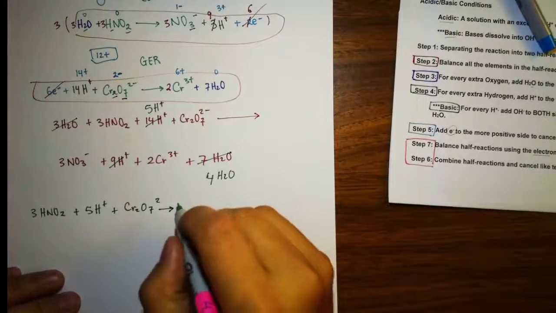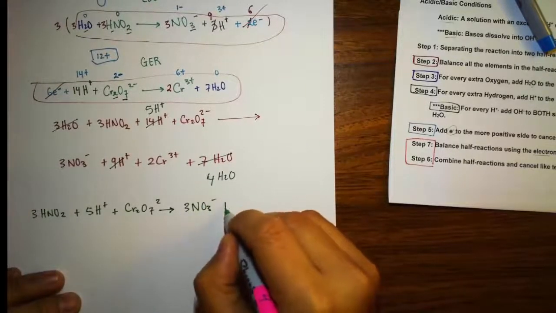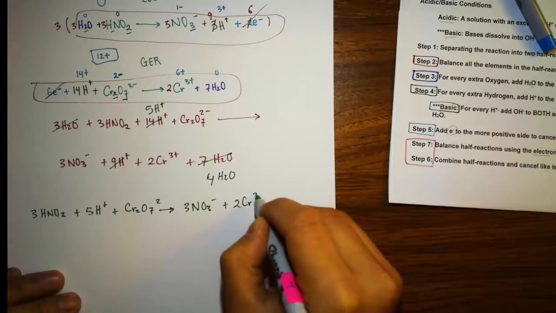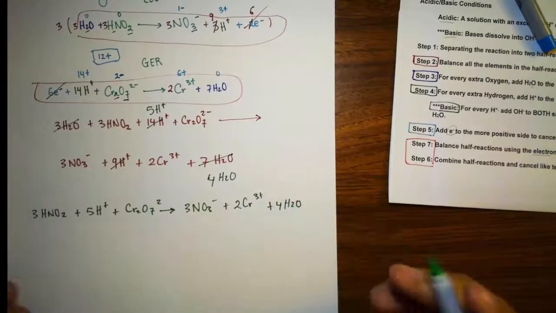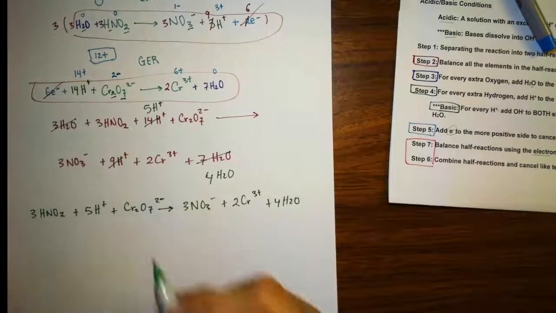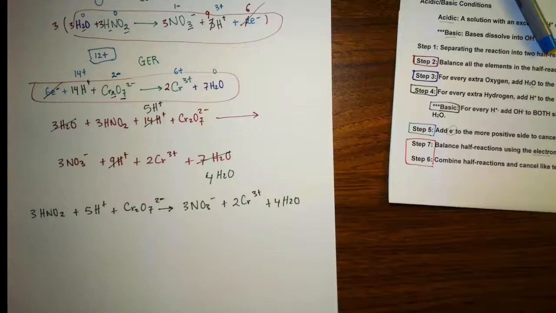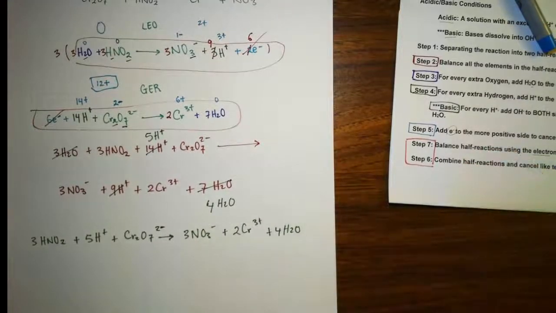Let's see if we can fit them all. 3NO3 minus plus 2Cr3 plus and plus 4H2O. And that is our answer. Well, we're missing a minus 2 right there. And that's our answer. As you can see, this process is pretty easy, but you need to be patient with the process to solve this problem.